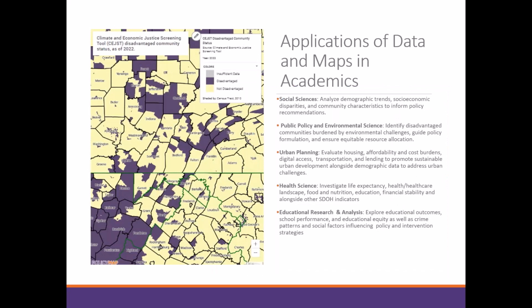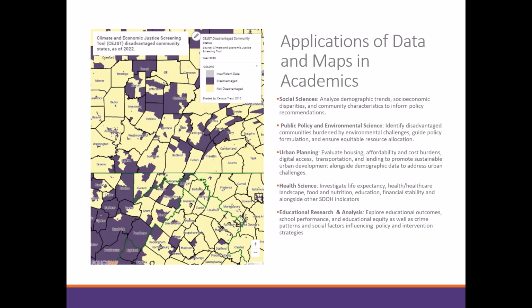Some of the applications of data and maps in academics will indeed be the social sciences, so sociology majors, political science, anyone who's looking at demographic trends, socioeconomic disparities, and community characteristics. It's really data that informs policy.